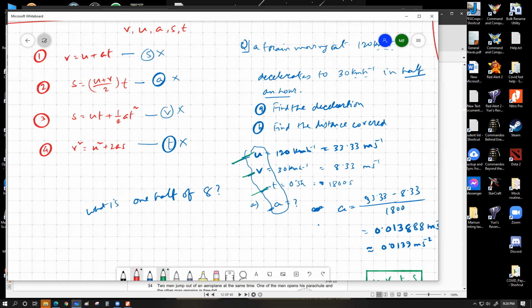Full stop. It then maintains a constant speed for half a minute. Full stop.